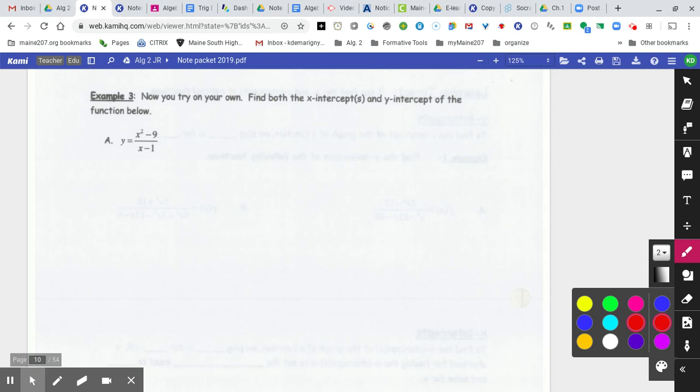Let's find the y-intercept first. That seems to be the easier one. To find the y-intercept, I'm going to let x equal 0 and solve for y.